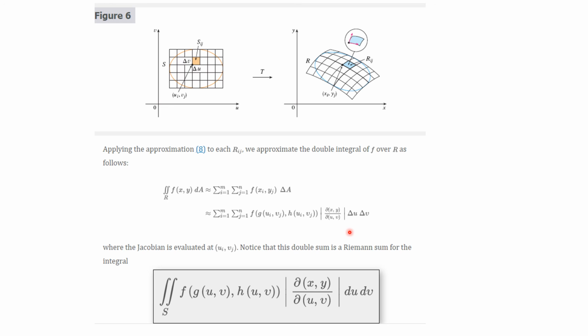And when we take the limit, as we will, the double integral over S, when we change variables, of f of g, h times the absolute value of the Jacobian du dv, is in fact this double integral that we have here.